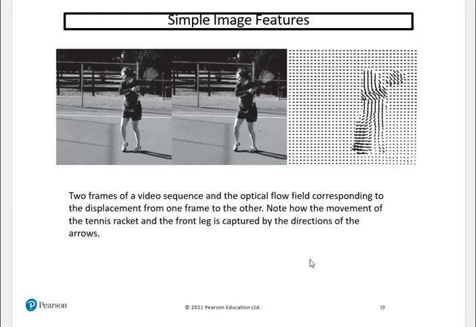And almost nothing else moves in this picture. The right leg is not moving because the arrows are very small there, and there's no other movement we can detect here, other than maybe the upper body going down to the right as well. So this flow tells us in which way the different parts of the image are moving at a given point in time.